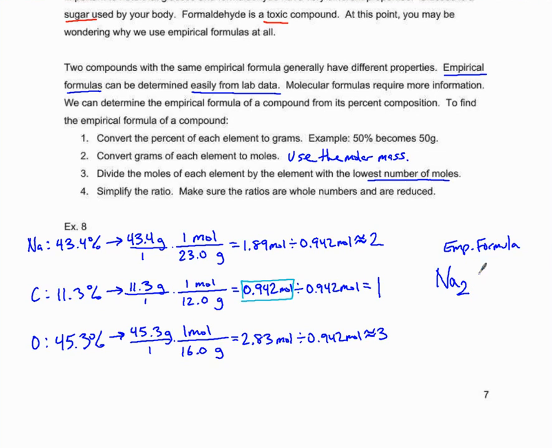Carbon, and this tells me that there's 1 of them, and so I'm going to leave that subscript off. And then oxygen, and this tells me 3 oxygens. And so the empirical formula of this compound is Na2CO3, which is sodium carbonate.